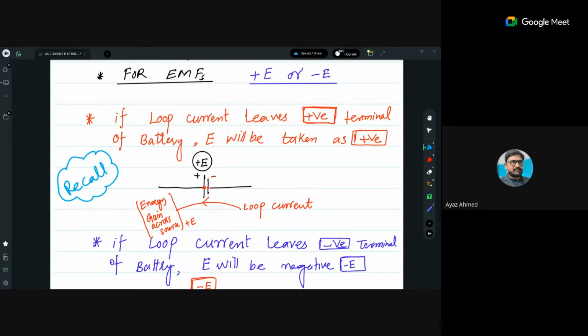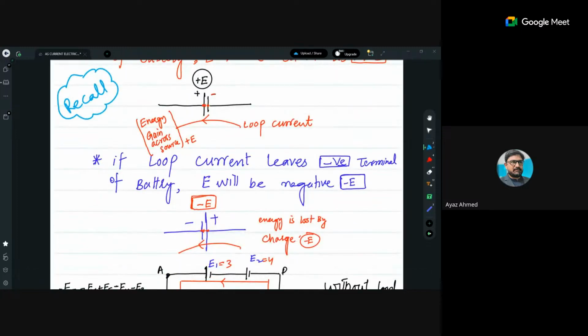You have to know this rule to apply it and then analyze the circuit. So what is rule number one? If the loop current is leaving the positive terminal of the battery, that E will be positive, and if the loop current is leaving the negative terminal of the battery, that E will be taken as negative.